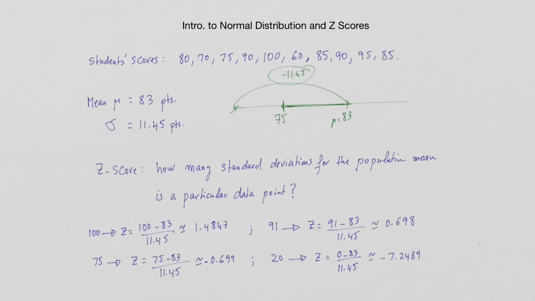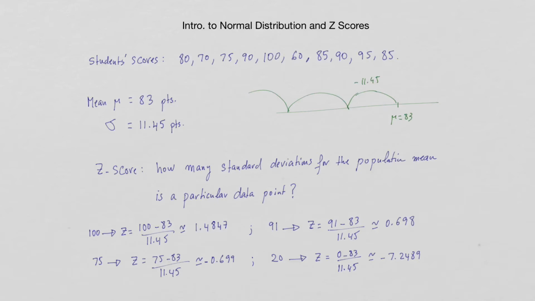In other words, here is 83. If I subtract one standard deviation more than 7 times, I'll hit 20. That tells me that 20 is very far away from 83.